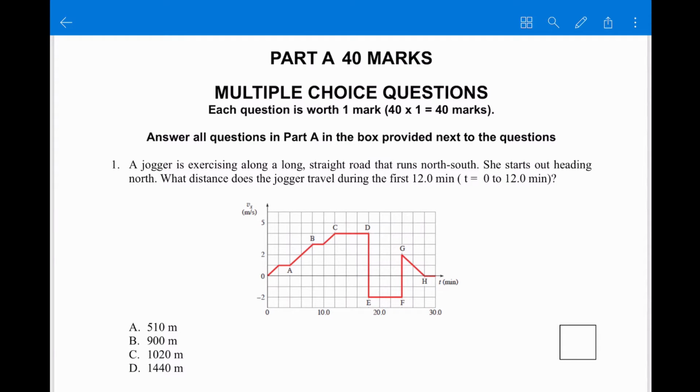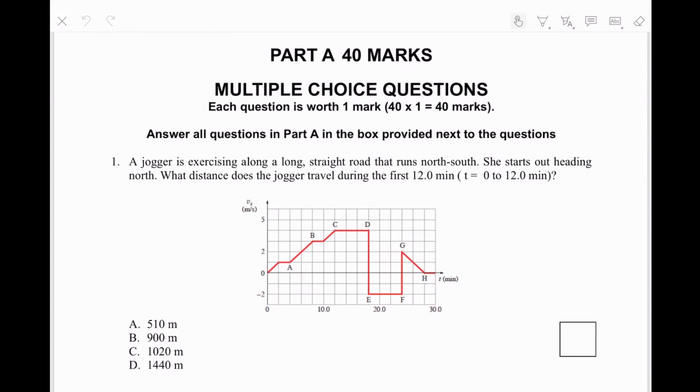Part A, the first one here. Now the part A, the first one is a classic example. Say you have a jogger who is exercising on a straight road, and this is north and south.